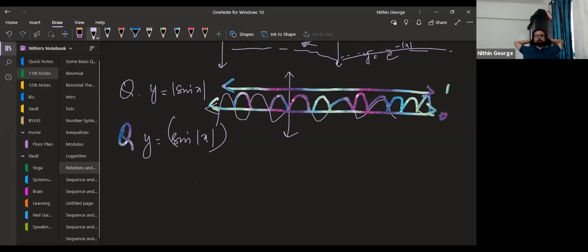First draw what you know. Draw only what you know, which is sin x. And then try to figure out what changes. Then only this becomes fun. Draw what you know and then figure out what changes.